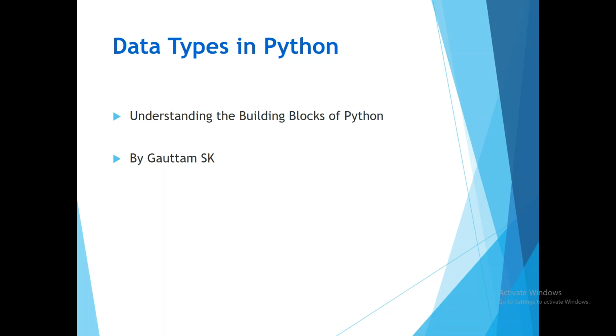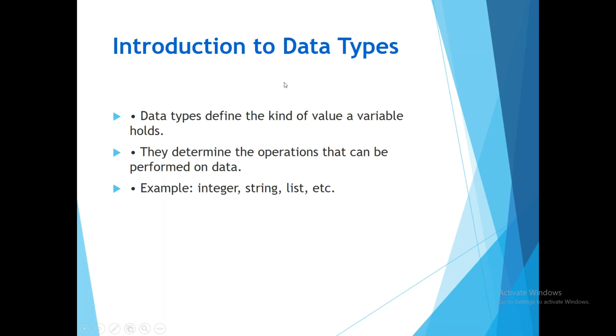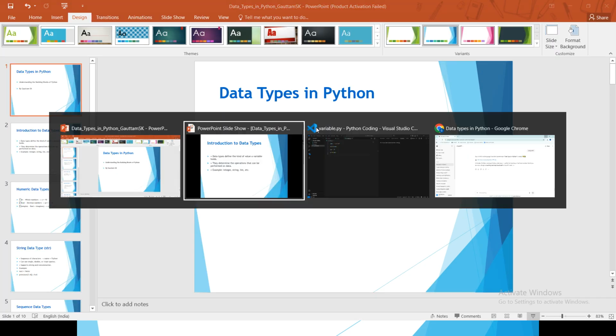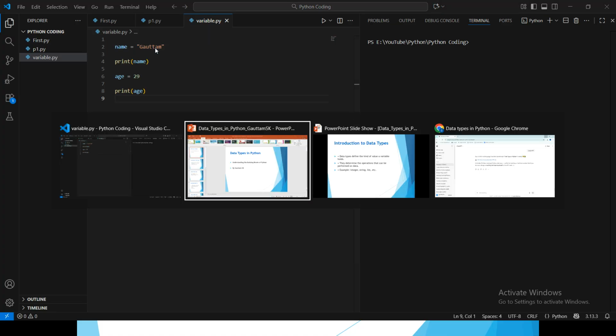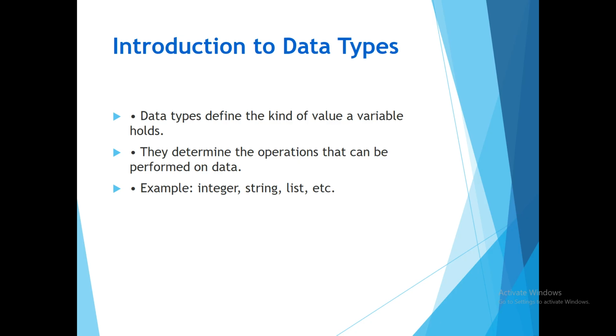Introduction of data types. Data types define the kind of value a variable holds. So a data type is the kind of value stored in the variable.